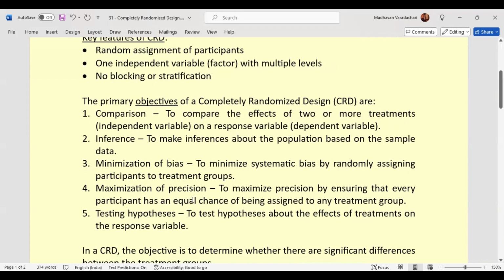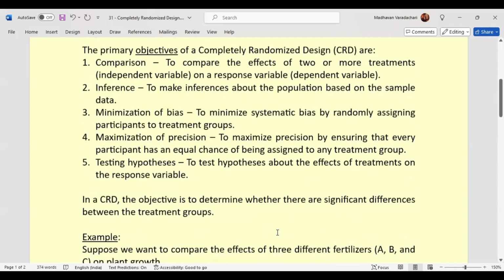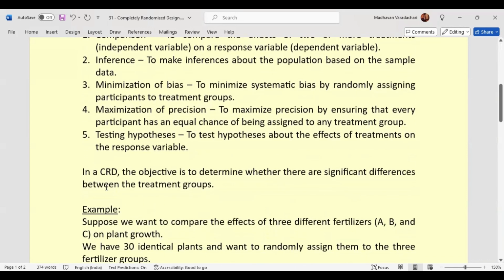Maximization of precision is achieved by ensuring that every participant has an equal chance of being assigned to any of the treatment groups. Testing of hypothesis is possible about the effects of treatment on the response variable, meaning the dependent variable. So in a CRD, the objective is to determine whether there are significant differences between the treatment groups.